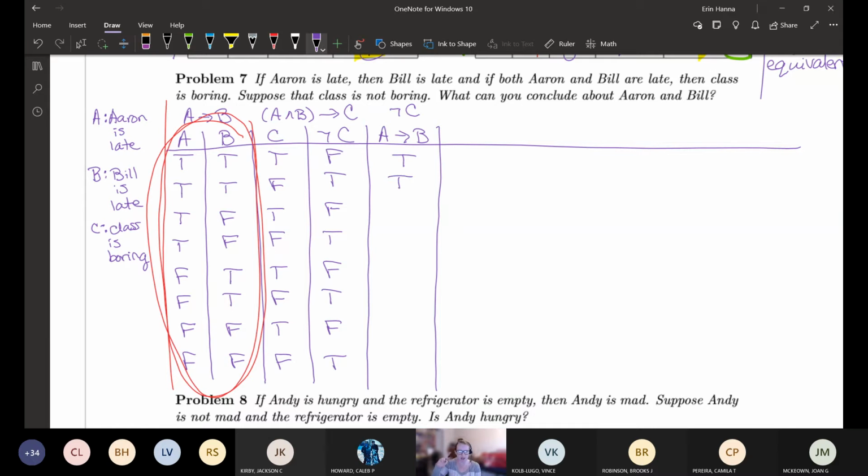Since the B came in batches of 2, this is also going to come in batches of 2. And then we have 2 sets of true implies false. Remember, true implies false is the only case when an implication is false. We have 2 batches of false implies true. And then 2 batches of false implies false. And when we start with a false for an implication, it always ends up true.